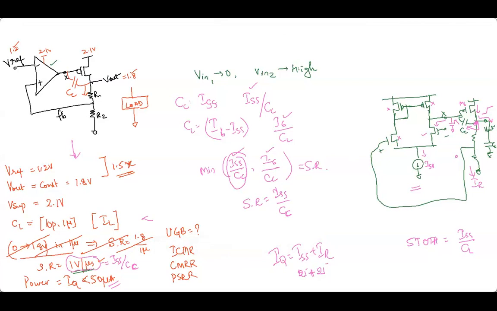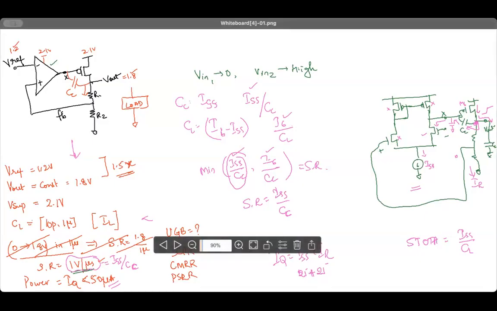So who is limiting it? There are two limitations, one being the current through I6 limited by the capacitance CL. If the capacitance CL is very, very big, that could be one of the limiting factors.